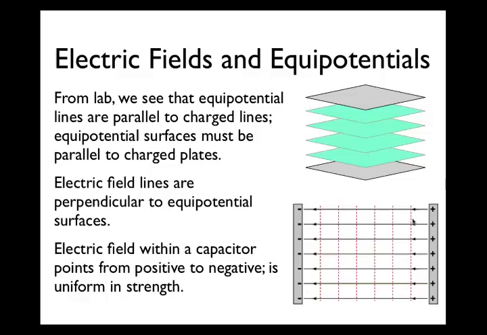You might have noticed if you mapped that your equipotential lines do a little bit of curving here at the edge, but in the middle of this is a place where we have a fairly uniform electric field, and we will be working with that concept both here and when we talk about what capacitors do in electric circuits, and also what a capacitor would do to moving charges once we get to our electromagnetism unit in the third unit.